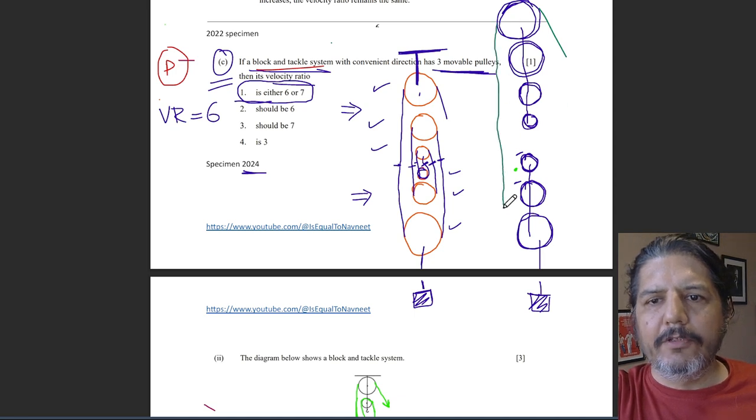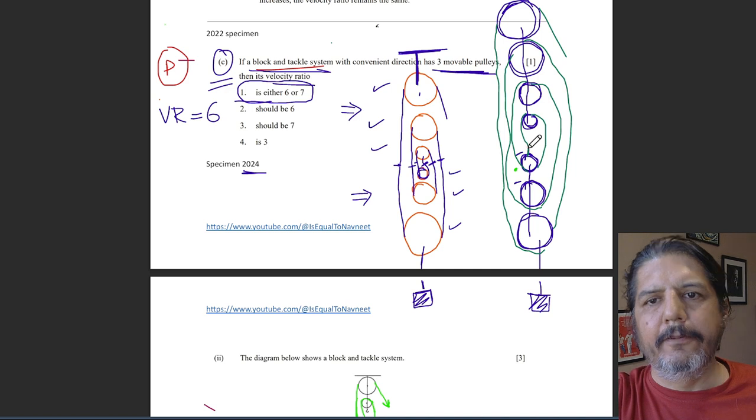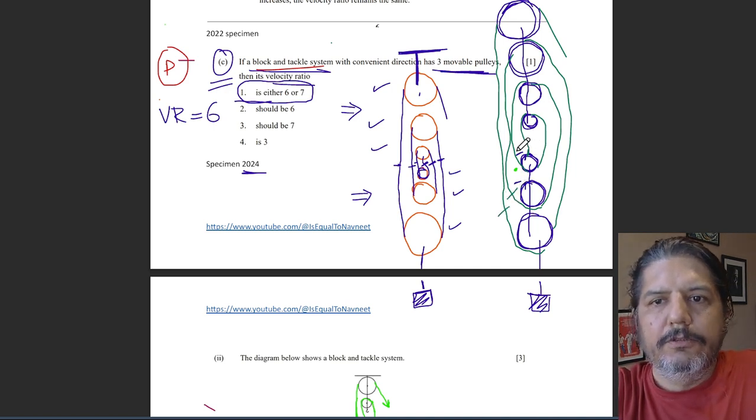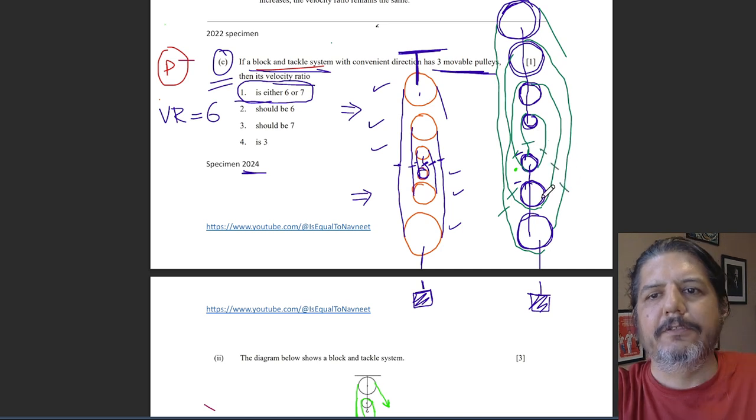This is once the rope will go. This is the second time it will go. This is the third time. This is the fourth time. This will be the fifth time, sixth time, and you will lock it here. Now, if you see, this is 1, this is 2, this is 3, this is 4, this is 5, this is 6, and this is 7.